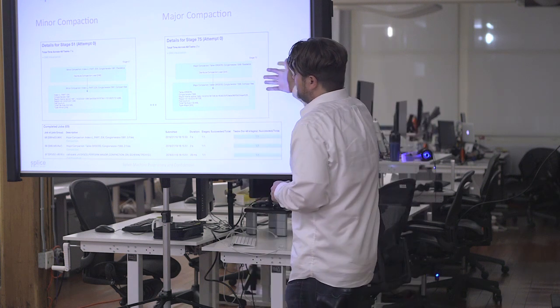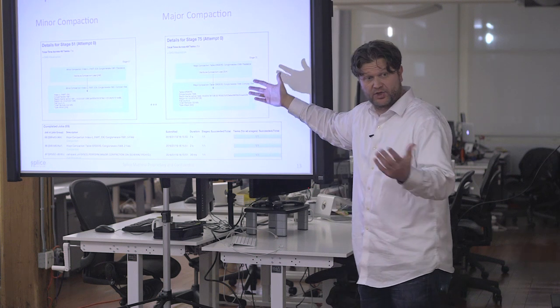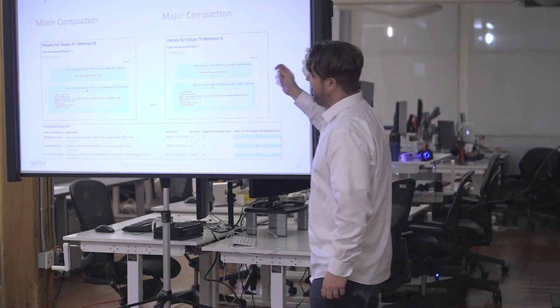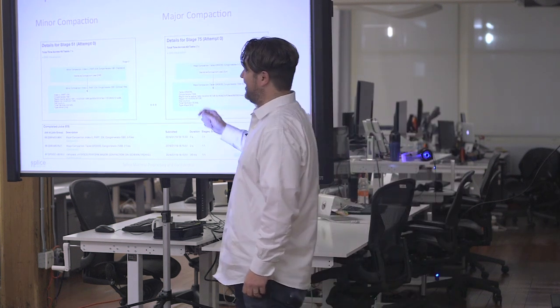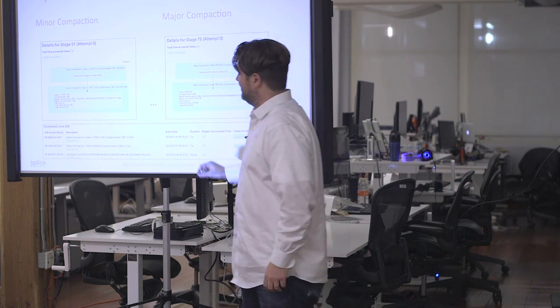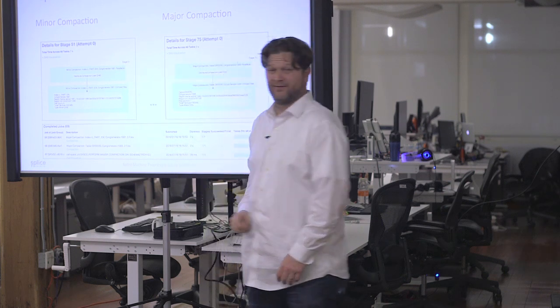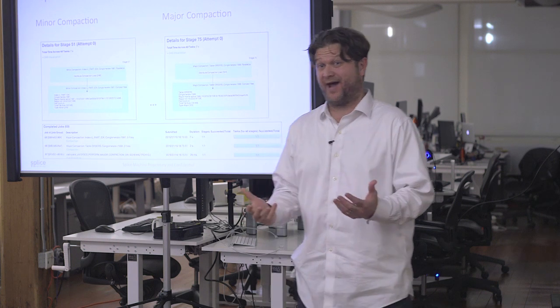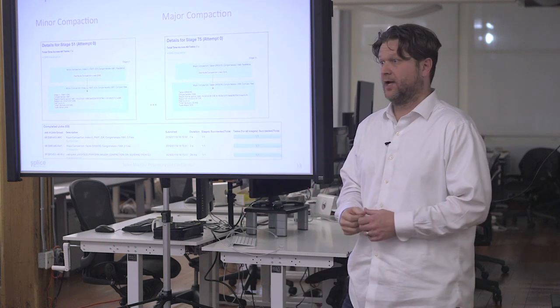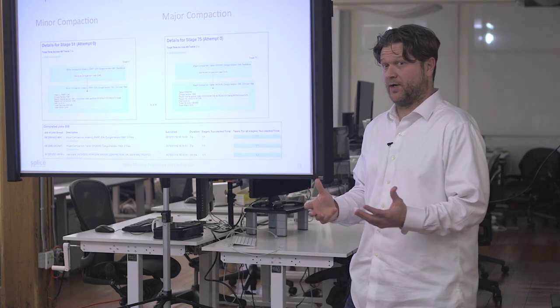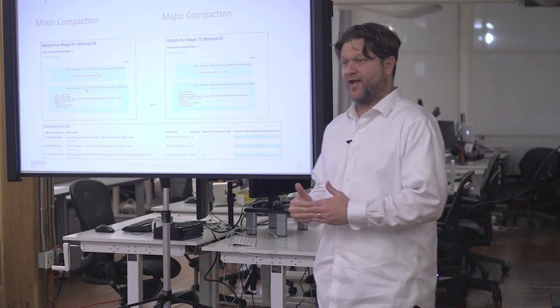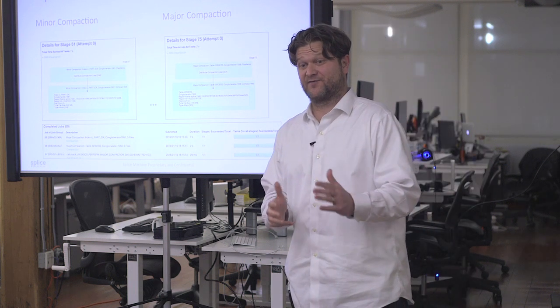We can customize the UI. There's some nice tooling for that, where we can display, hey, this compaction's running, and oh, by the way, when you see it running, you'll know what table or index is being compacted, how many files, how big the compaction is.